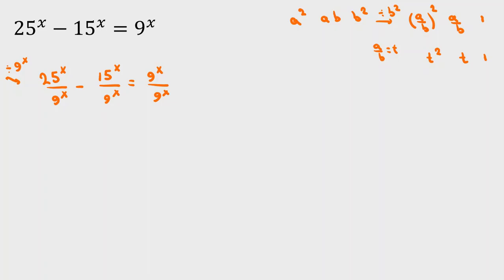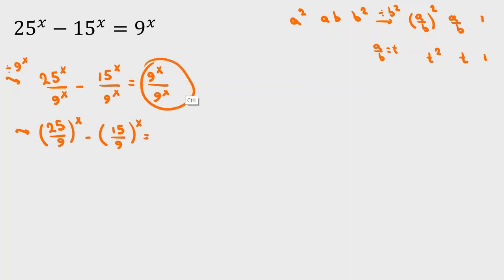Now by power rule, we know that if the powers are equal and 25, 9 are also positive, we can say it is 25 over 9 to the x minus, again here, because the powers are equal, 15 over 9 to the x equals 9 to the x over 9 to the x, which is 1.